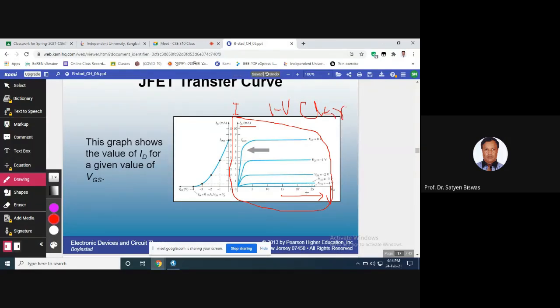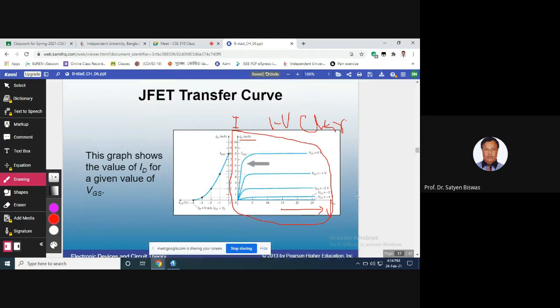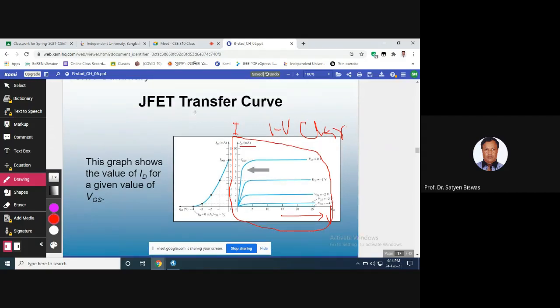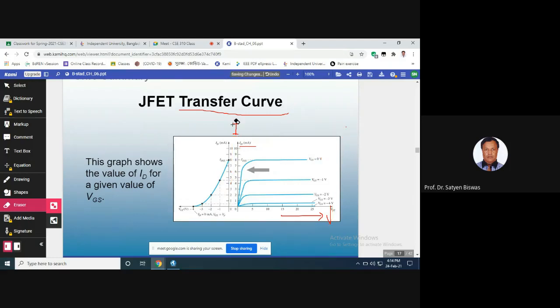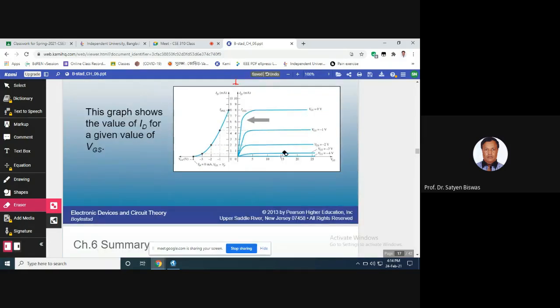But there is another curve in these topics known as the transfer curve. The transfer curve is a little bit different, but it's coming from the characteristic curves. And here you see, how do we do that? Graphically we can represent it.